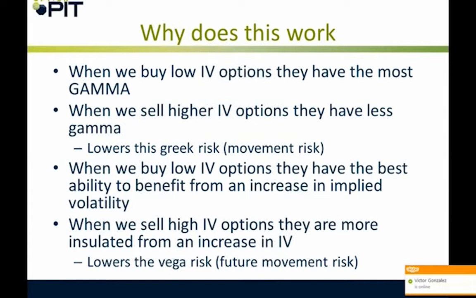So when you buy low IV options, they have the best ability to benefit from an increase in implied volatility. And when you sell high IV options, they're more insulated from an increase in implied volatility. It lowers your vega risk and it lowers your gamma risk. So if you get a flat term structure and low implied volatility, all of your risk parameters are going to be lower. That is where you start hitting these ones out of the park. That's where your win percentage really increases. You mix this approach with any type of technical analysis, and you can set up calendars that can do extremely well.